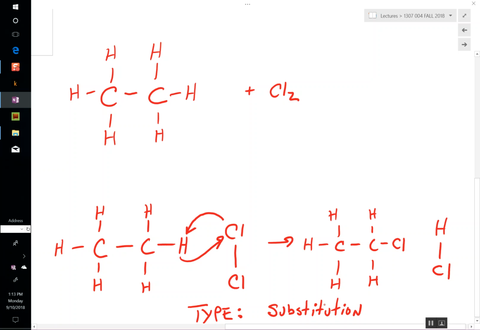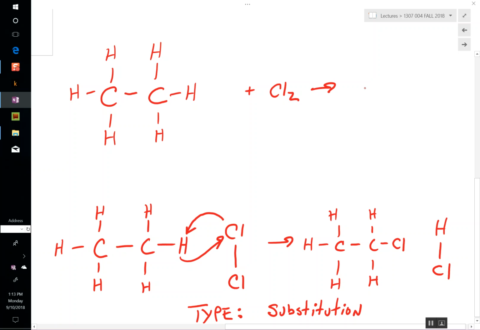And I'll explain what that is. But then you might know what I mean when we're talking about types. There can be a bunch of different substitution reactions where something is substituting for something else. So that's not the name of the reaction. It's just a class, a type that it falls into.